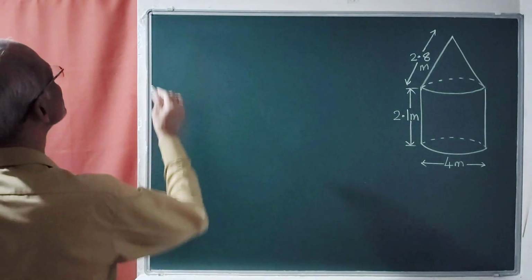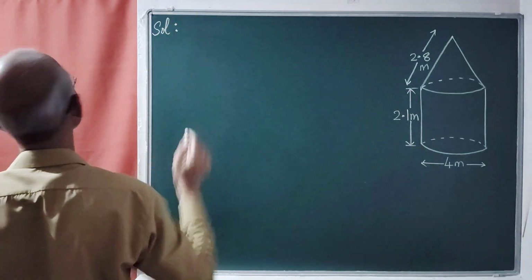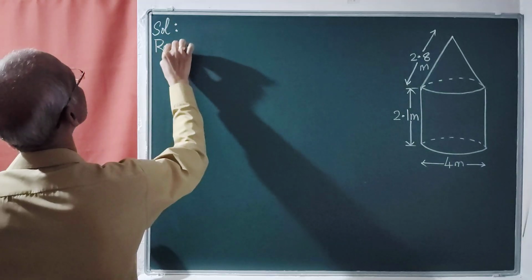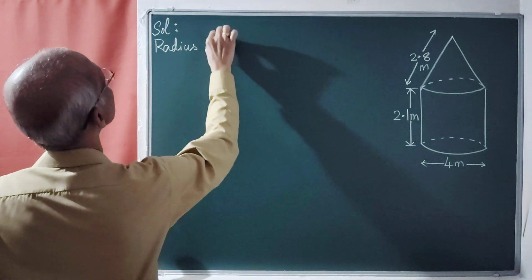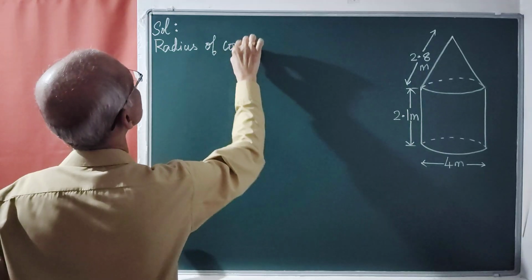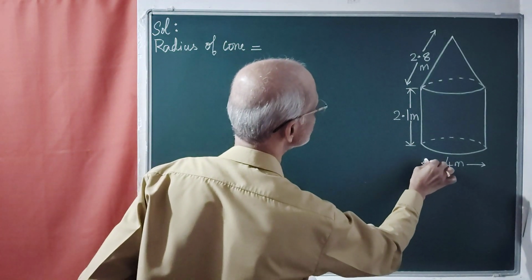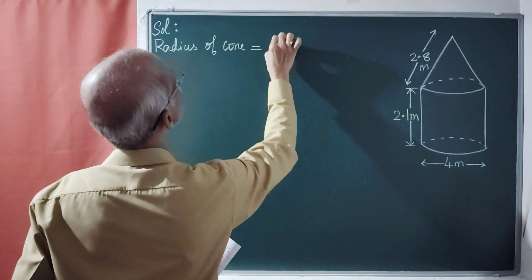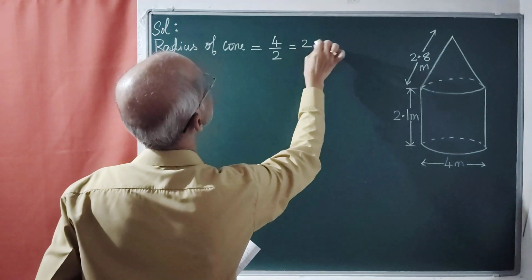So first, radius of cone is equal to, this is the diameter, so 4 by 2, that's equal to 2 meters.